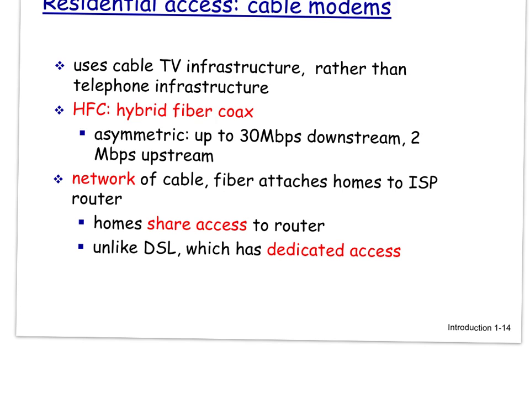So from the service provider to the neighborhood, they call it a neighborhood switch or a neighborhood node, or sometimes a neighborhood junction, which is a type of switch that converts the fiber light into an electric signal and sends it over the shared coaxial cable, okay? So this is the hybrid fiber coaxial.